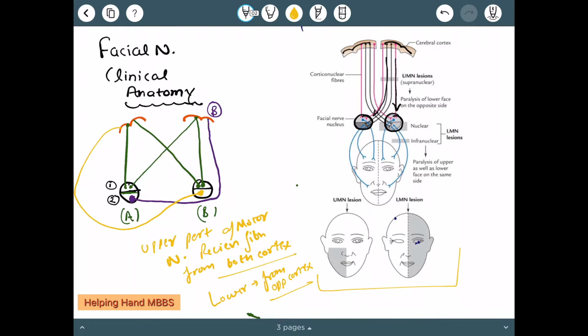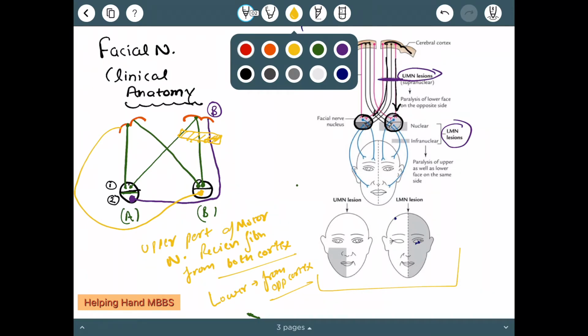There are two types of lesion, as you can see here: the upper motor neuron lesion and the lower motor neuron lesion. Now if I say there is a lesion at the upper motor neuron level, that is this level, what will happen? Can you tell me what will happen if there is a lesion at this place? These three are gone. Let me assume this is the first fiber.